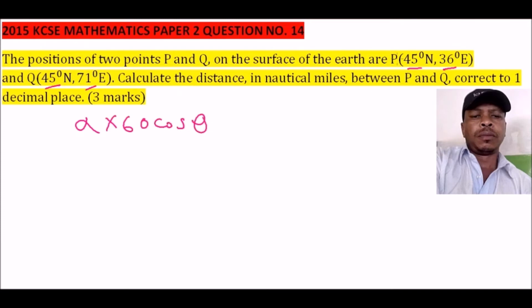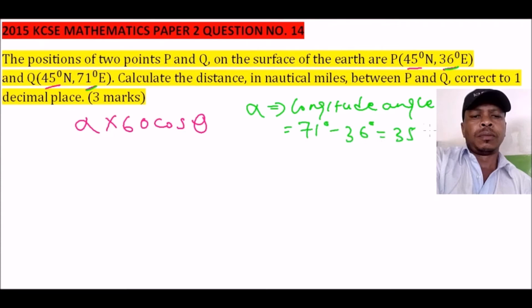In this formula, the angle alpha represents the longitude angle, and in this case P is at 36 and Q is at 71, so this means it is equals to 71 degrees minus 36 degrees, you get 35 degrees. So alpha is 35.